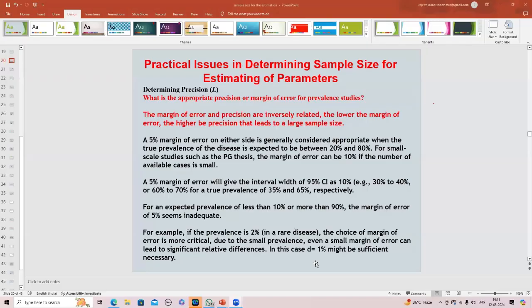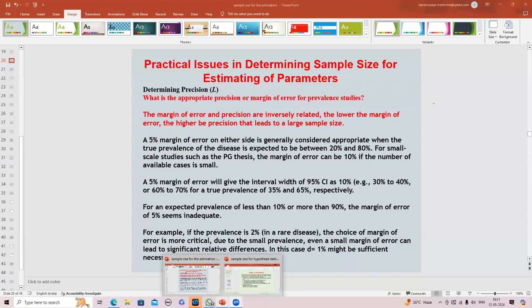You showed in the software that for correlation analysis there is a separate tab where we calculate the sample size. So I was asking, if the study is cross-sectional and we have to calculate the correlation, how should we approach it? Should we go to the cross-sectional section, or the correlation section?